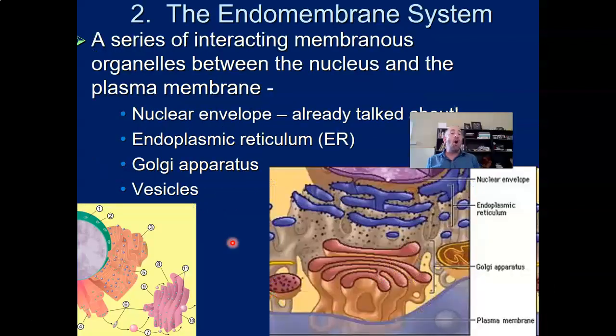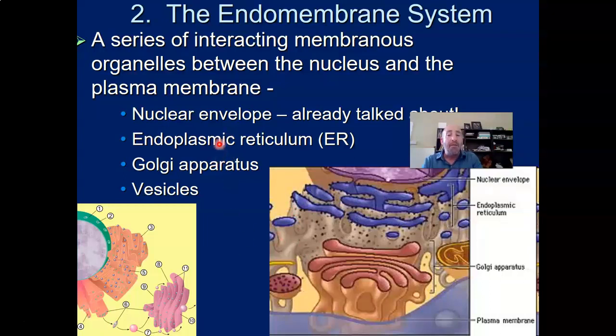We now move to our second category of organelles, the endomembrane system. And there are 4 major structures that are part of the endomembrane system, and I would know them. So, the nuclear envelope, the endoplasmic reticulum, the Golgi apparatus, and vesicles, which move things between the nuclear envelope, the endoplasmic reticulum, and the Golgi apparatus.